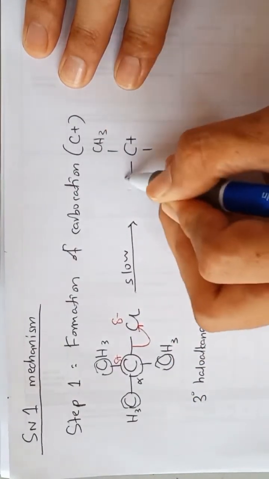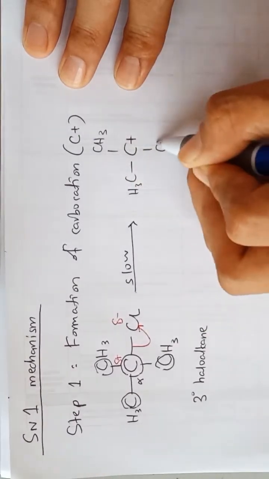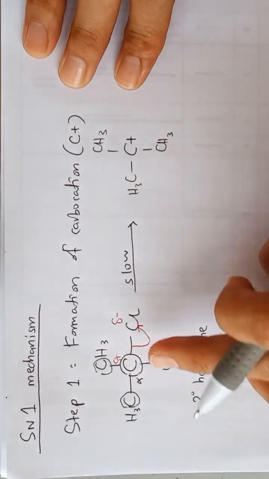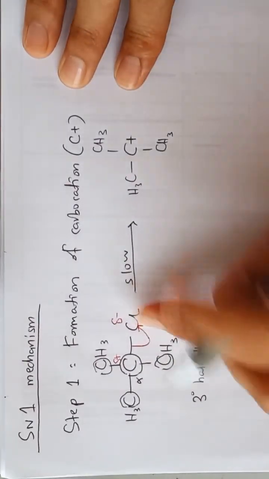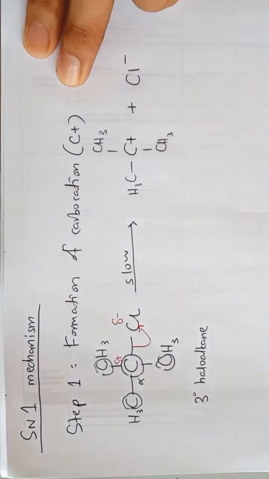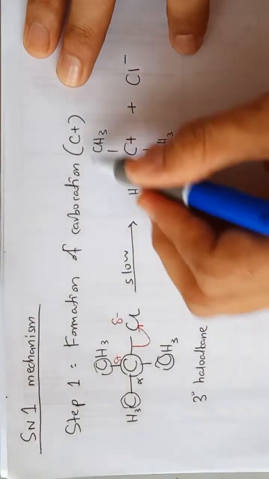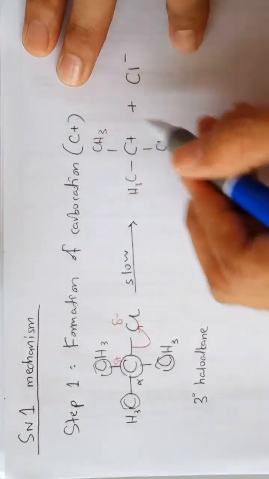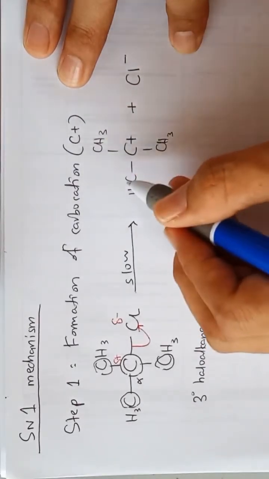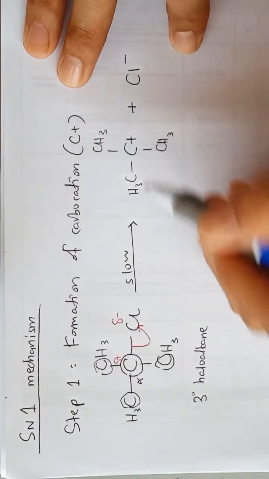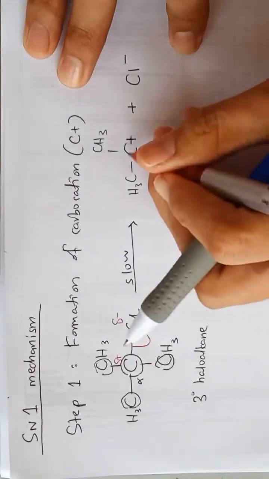The rest of the atoms here will be written back. And what happened to Cl? Cl gains the electron from the bond, so Cl will become Cl minus. Now we have to determine the stability, or the class, of this carbocation. See the C plus here.